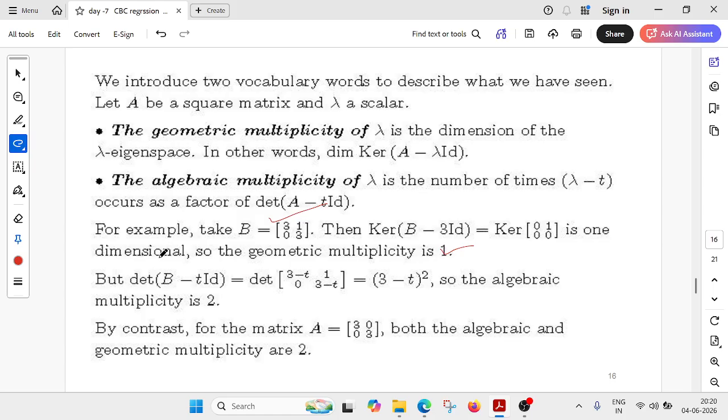Now the second example, B. Here the geometric multiplicity is 2, because here you get 1 and here you don't, as you can observe.